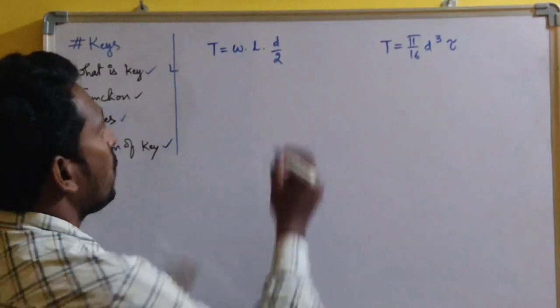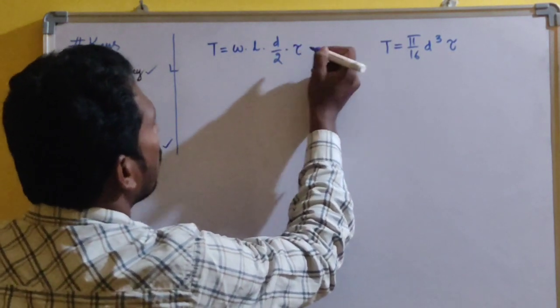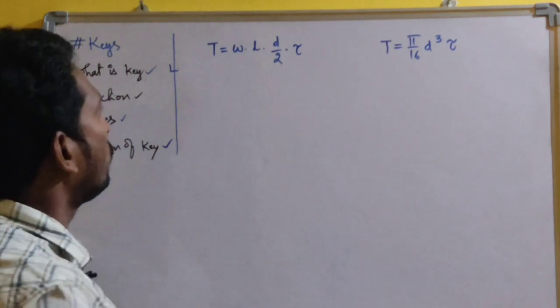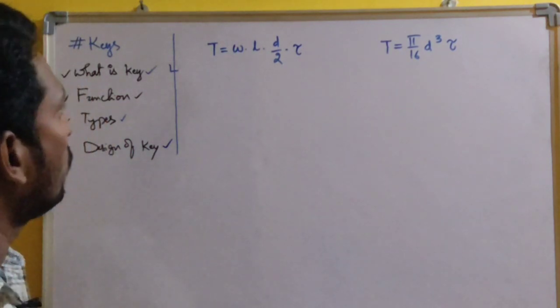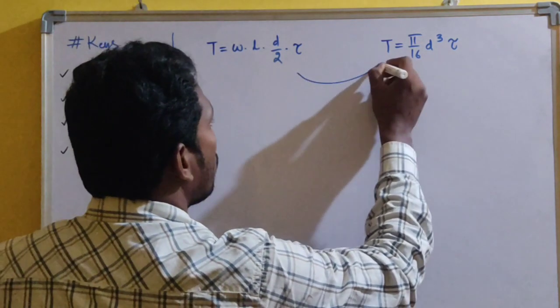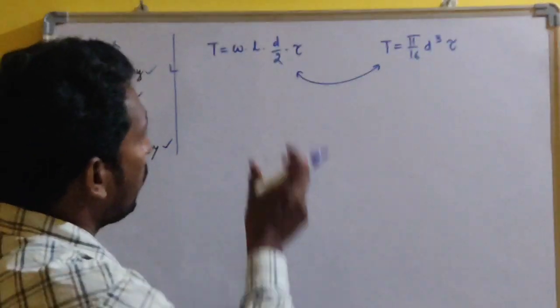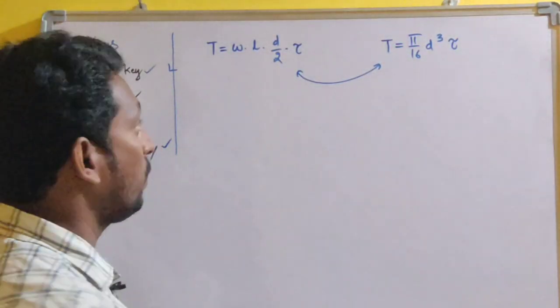Okay, sorry, there is a tau here. By equating these two relations, we will get the length.